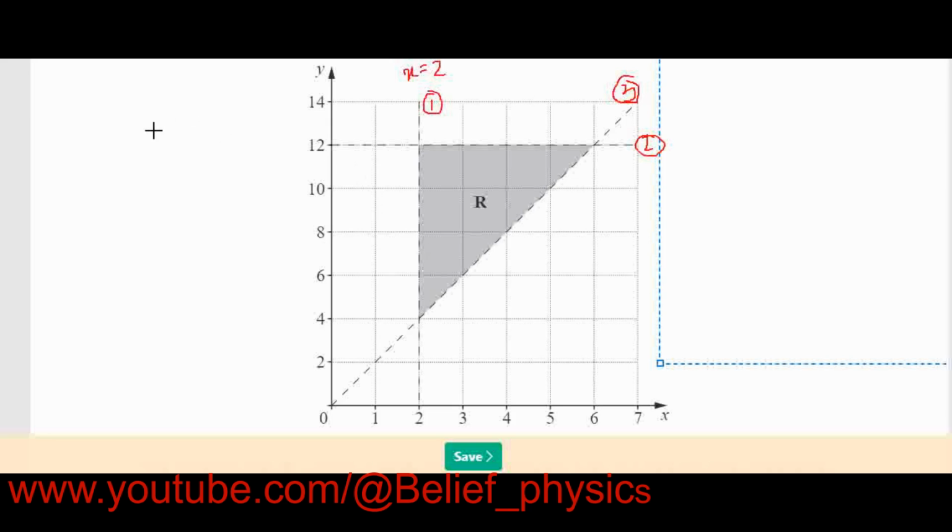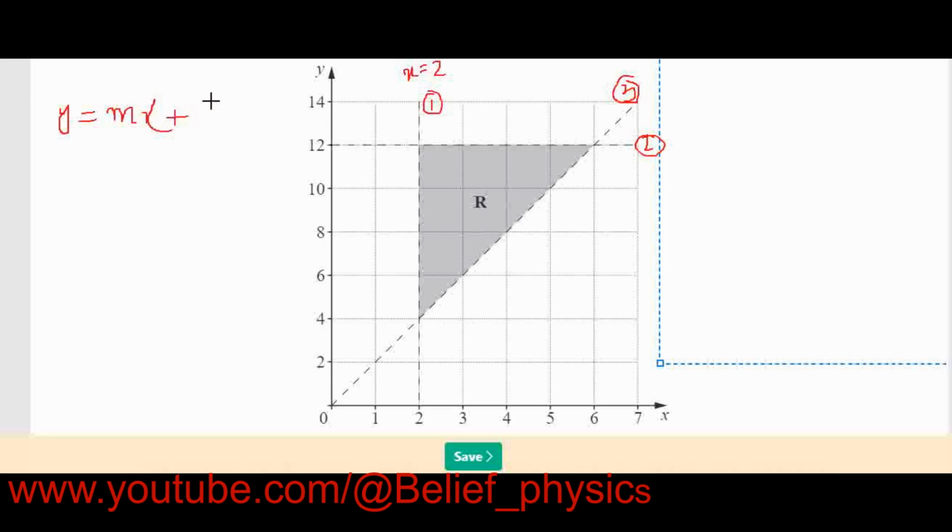Look here, it is very easy. Any line parallel to the x-axis has y equals k as the equation, where k is the point where it intercepts the y-axis. Or you can think of it like this: the equation of a line is y equals mx plus c.